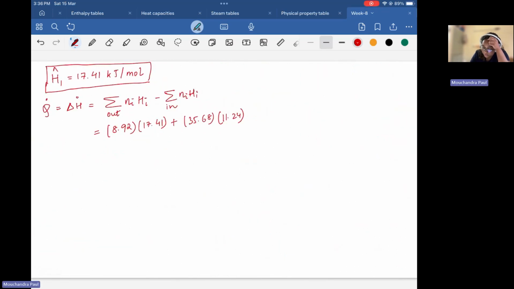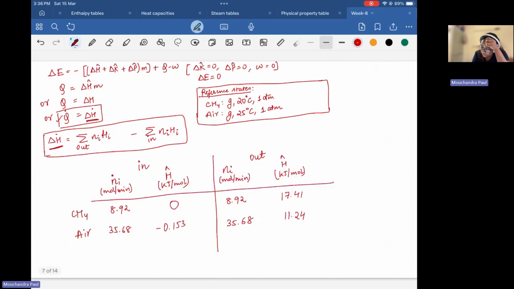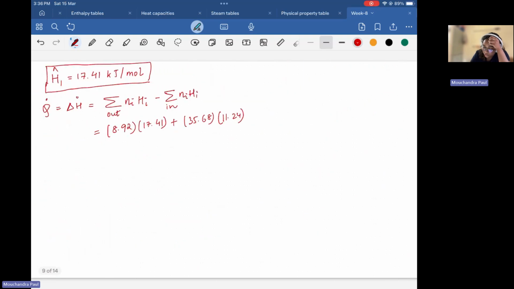So the outside, mole per minute into kilojoule per minute gives you kilojoule per minute.